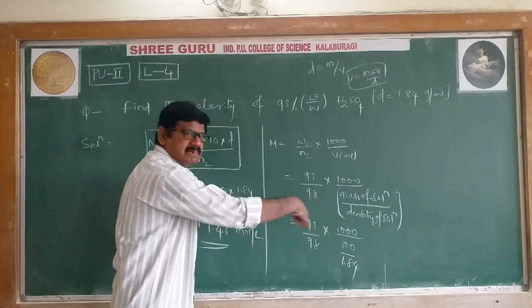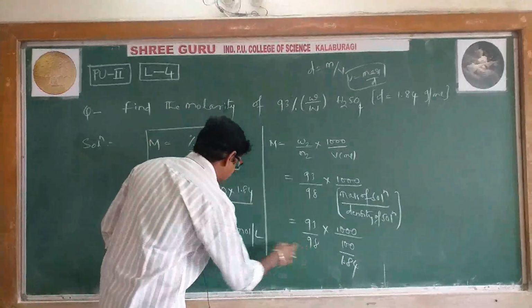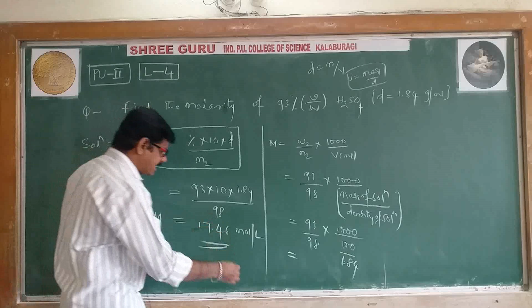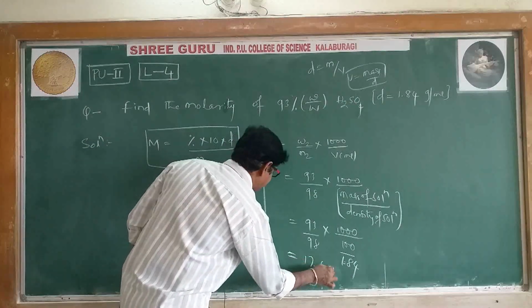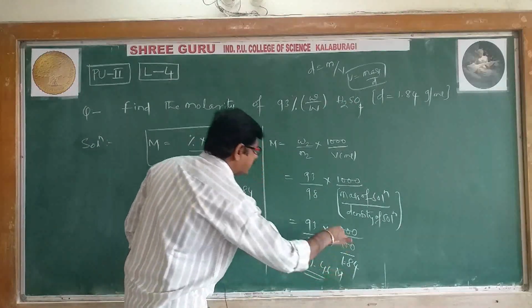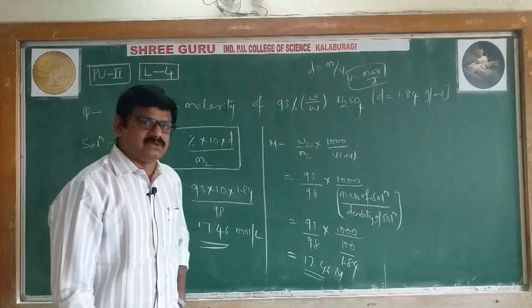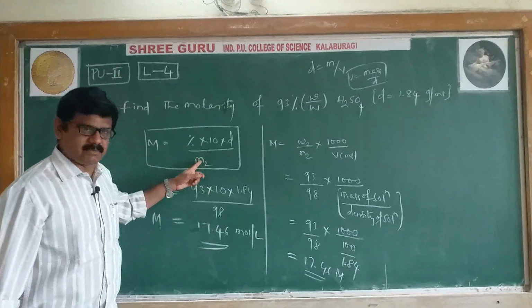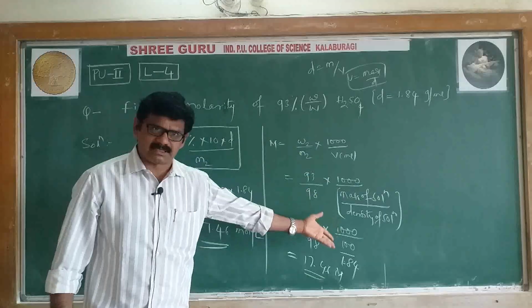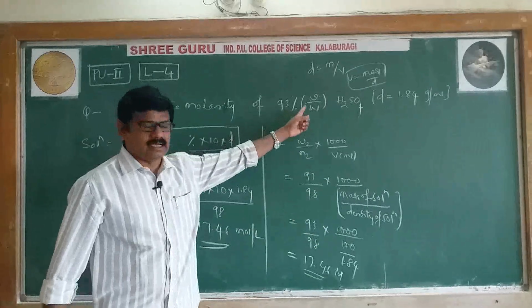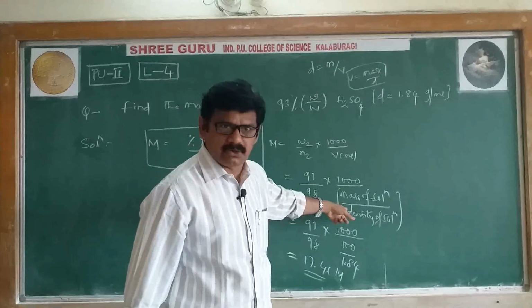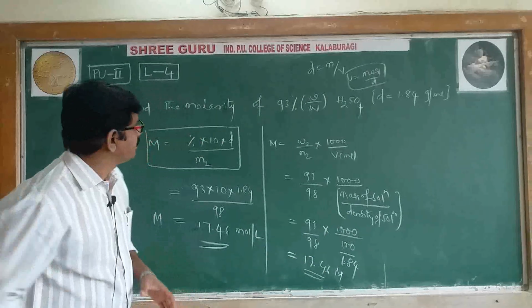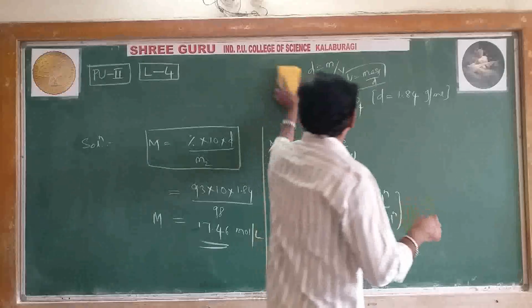Again, if you simplify this value, you will get exactly the same 17.46 mole per liter. Nothing but a molar solution is obtained. That's it. The first is a direct formula; this is our regular method. Here a mass is there, and that mass we have converted into volume.